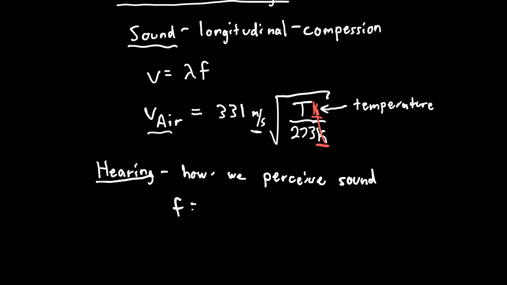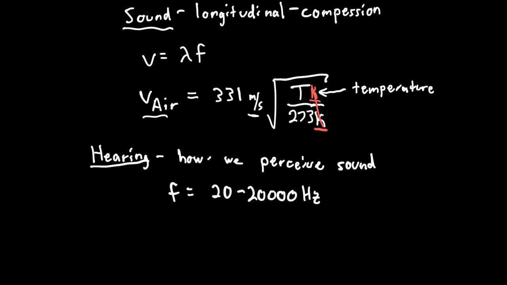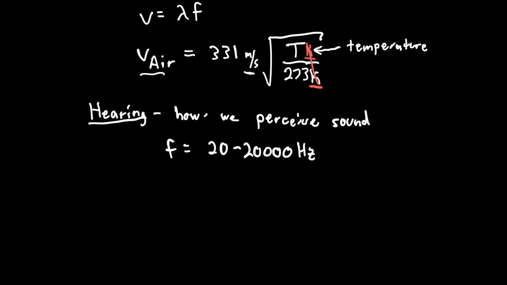So we can hear sounds between frequencies of 20 all the way up to 20,000 hertz. Another way that we can think about frequency is kind of thinking about pitch. So sometimes something sounds higher pitch, sometimes something sounds lower pitch. That pitch represents the frequency.